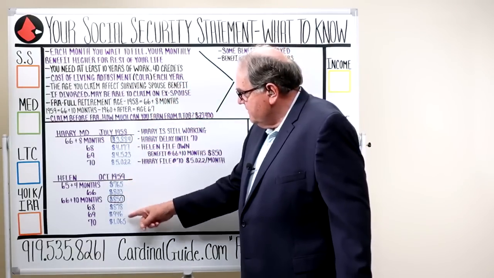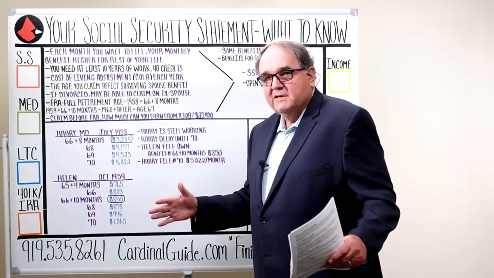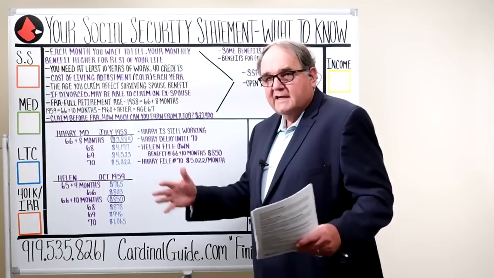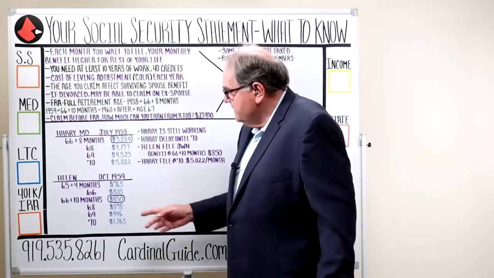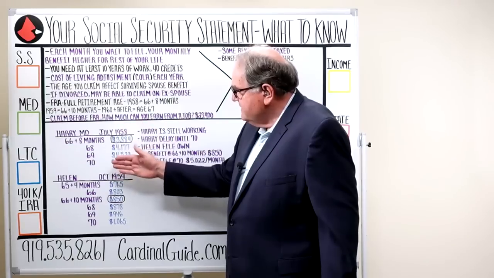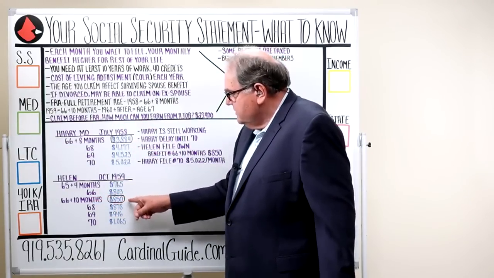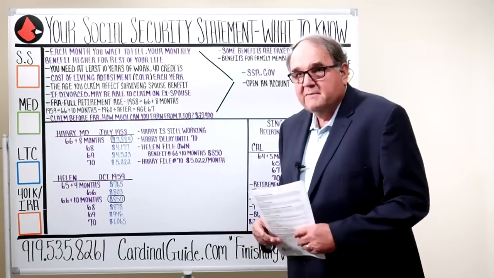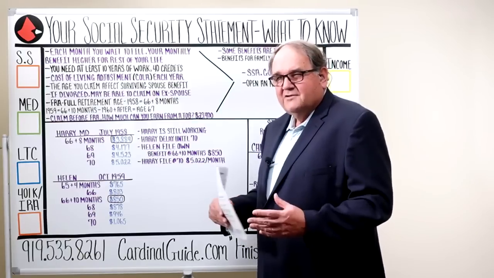But she doesn't have a very large check because she doesn't have a real strong work history, because she was basically taking care of the kids and the household, and Harry's been the one making the money. And so Harry's delaying, and when Helen gets to 66 and 10 months, she's going to file for her $850 a month. And for her, that's about 2 years from now.